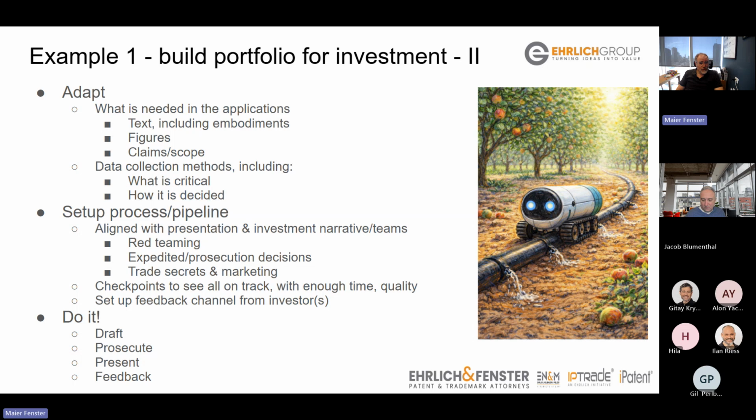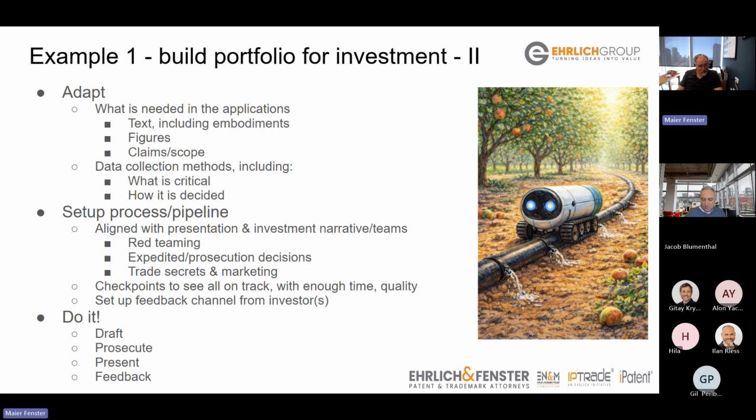How are we going to decide when we probably have to change the procedures we have in our unit on what is decided to be critical? And then we have to build, perhaps inside the unit, a few processes. For example, whatever we do in the IP will need to be aligned with the teams that are making the story and making the presentation to the investor.